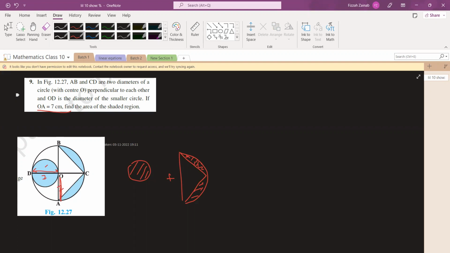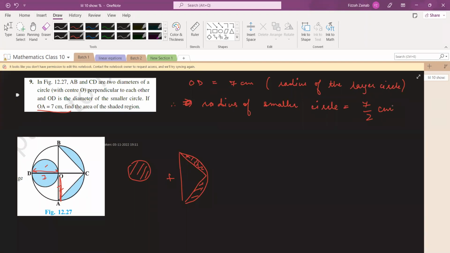So we can write OD is equal to 7 centimeter. Why? Because this is the radius of the larger circle. Therefore the radius of the smaller circle will be equal to 7 divided by 2 centimeter, because 7 will be its diameter.